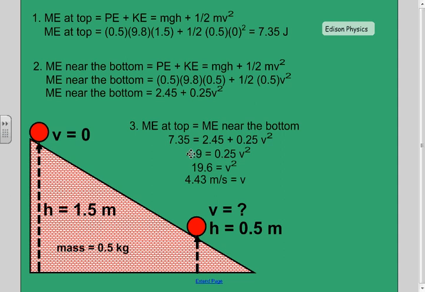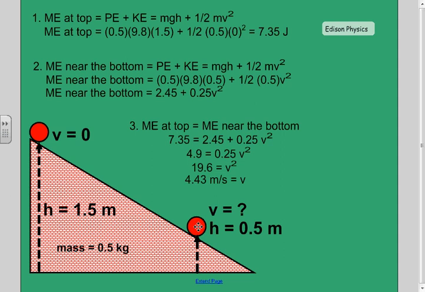That leaves me 4.9 on the left equals 0.25 v squared. Now I divide both sides by 0.25. That gives me 19.6 on the left equals v squared. And then to solve for v, I take the square root of both sides, and my answer is 4.43 meters per second for the speed of the ball when it's 0.5 meters above the ground.